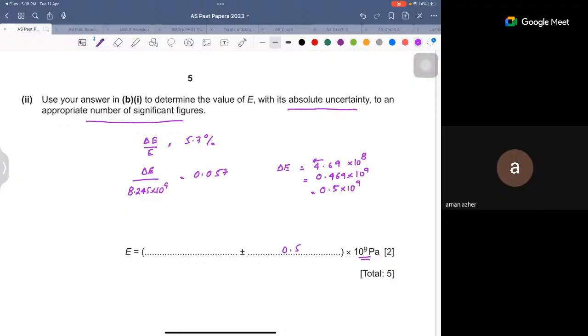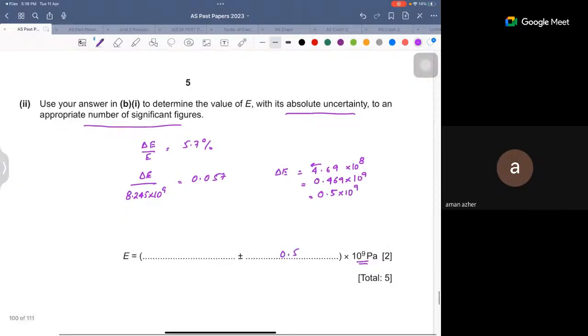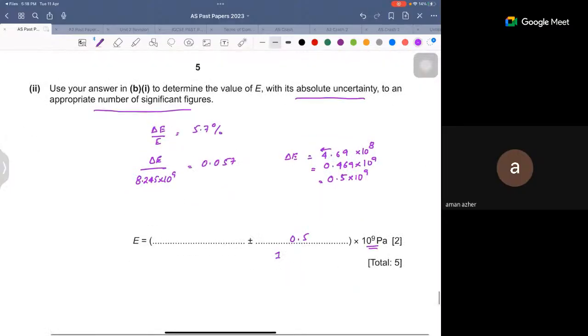And now, basically, the uncertainty should always be one significant figure, and the value should match the decimal places of the uncertainty. Because the uncertainty is just one decimal place, we're going to just write it as 8.2 then. If this was 8.255, then I would have written 8.3.